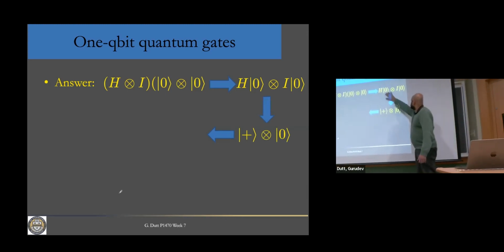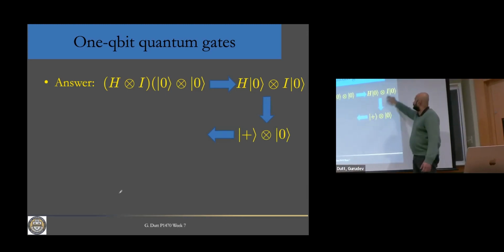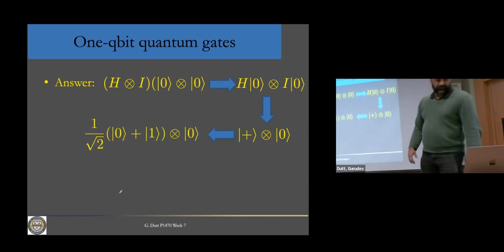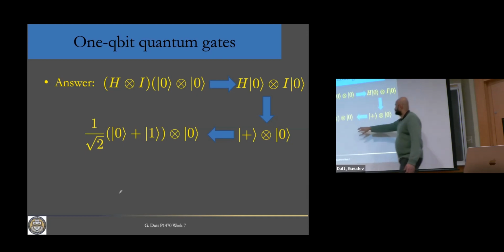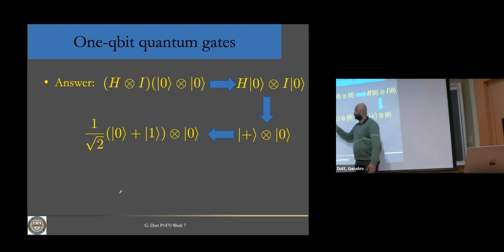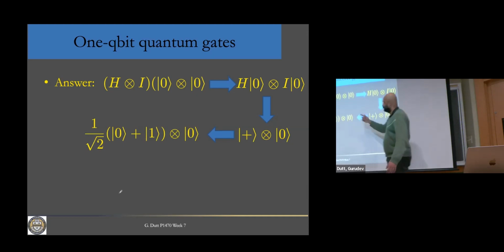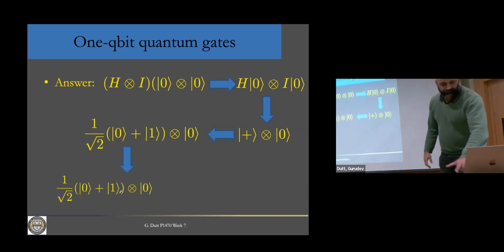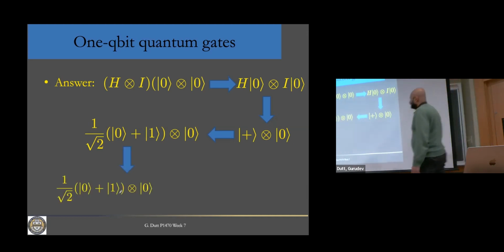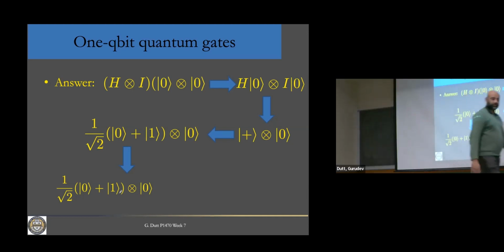H acting on the left qubit gives the plus state, and identity acting on the 0 state is 0. The plus state is of course written as 1 over root 2, 0 plus 1, tensor with the right qubit being 0.